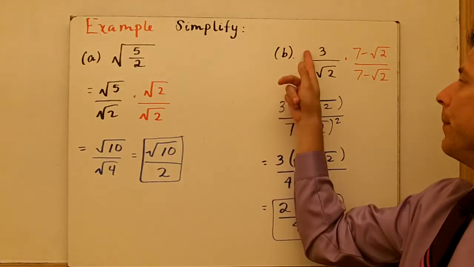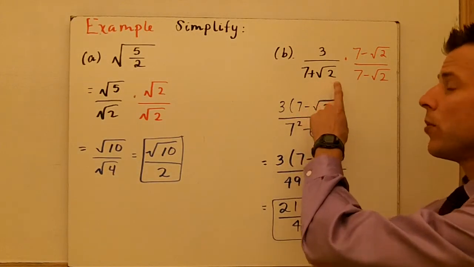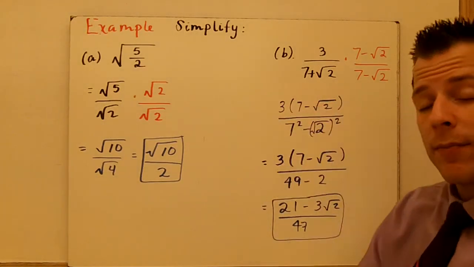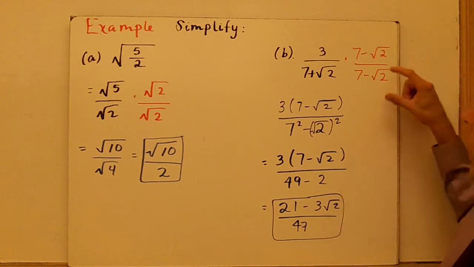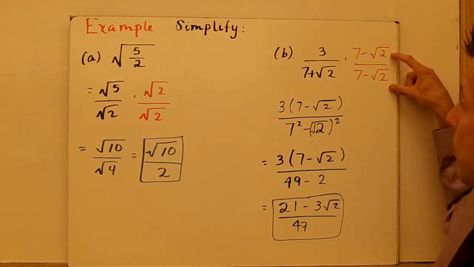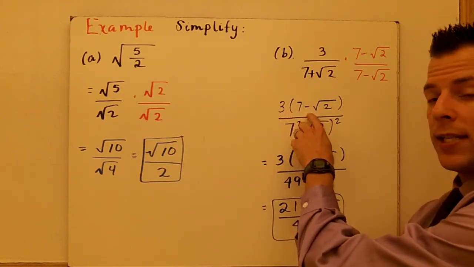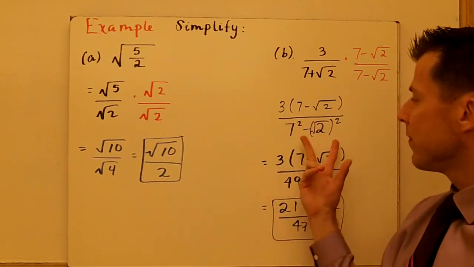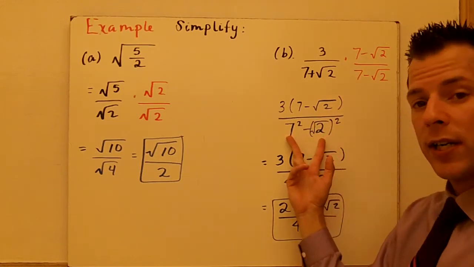Okay? In part B here, I have 3 divided by 7 plus root 2. So the denominator 7 plus root 2, the conjugate would be 7 minus root 2, and that's what gets multiplied here. You multiply straight across, so you have 3 times the quantity 7 minus root 2. The difference of two squares says just square each of these terms, which is what I've done here.